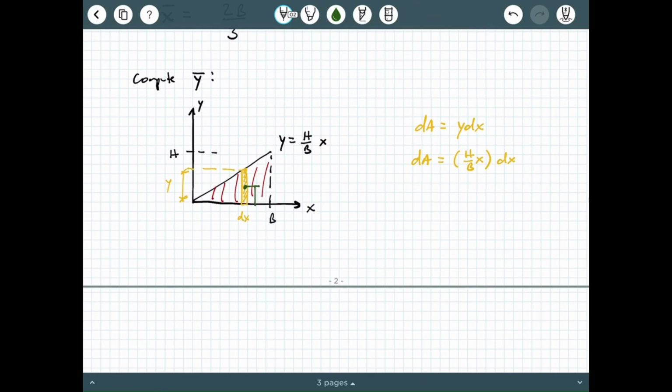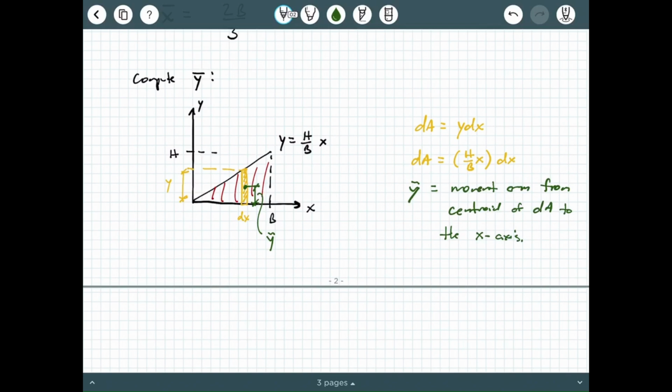So again, y tilde is going to be the moment arm right here. Y tilde equals the moment arm from the centroid of dA, that's just the middle of that little slice, to the x-axis.